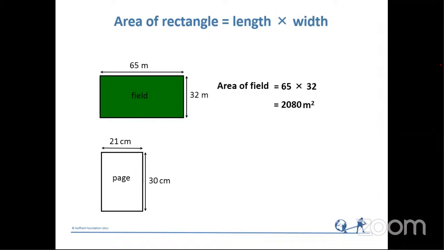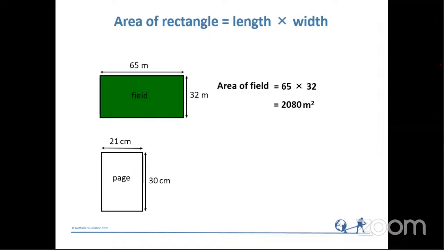I hope we are trying to find the answer to the area of this page. Treasure, have you got the answer?